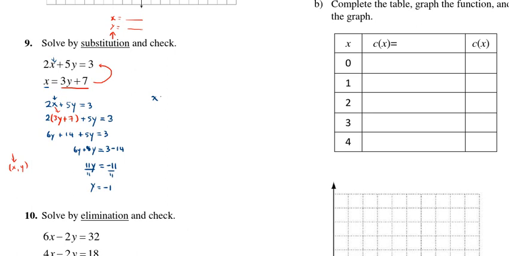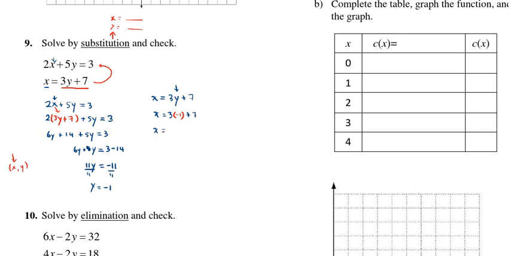x is equal to 3y plus 7. Substitute the value of y that we obtained on the first part here. y is -1, so we substitute the y by -1. So this would be x is equal to 3 times -1 plus 7.